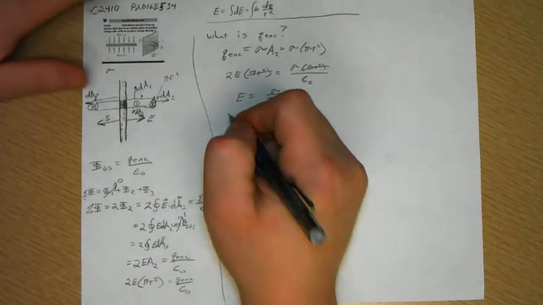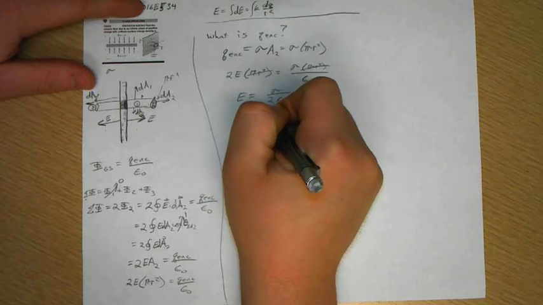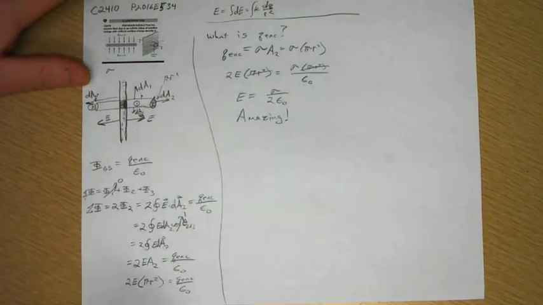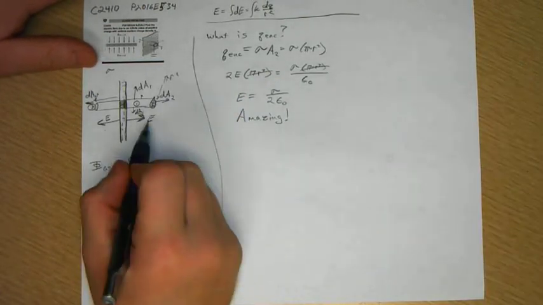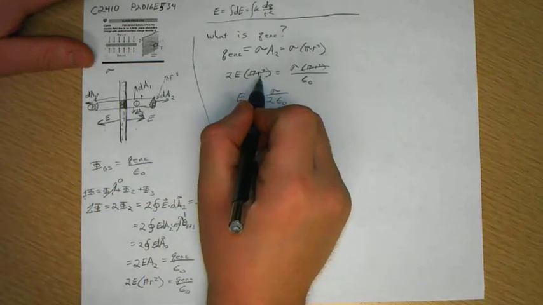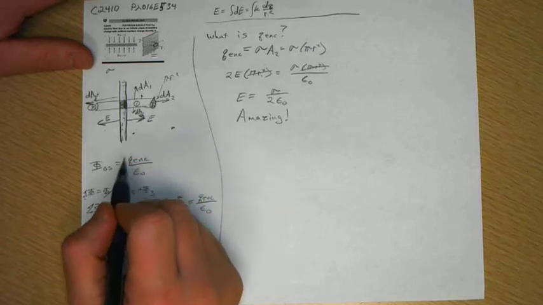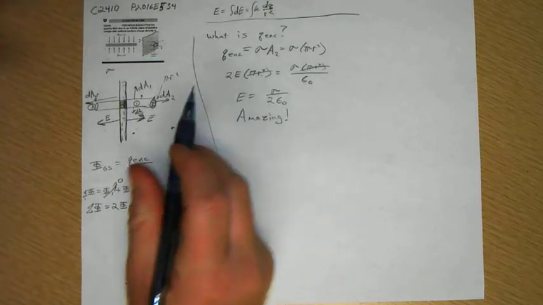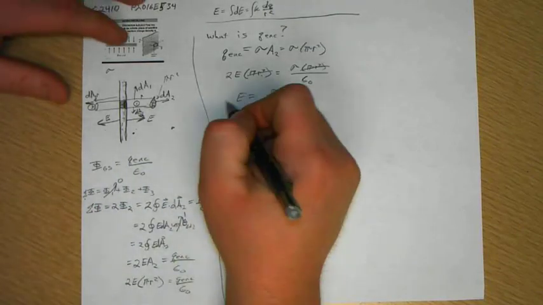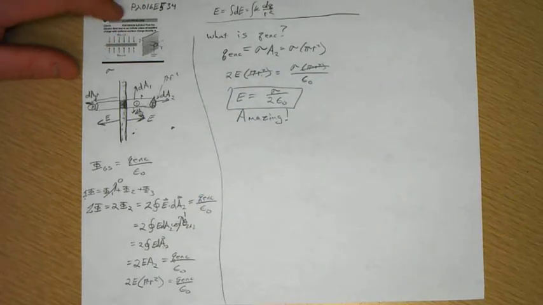So that is amazing. Why? Because it says no matter where you are, it does not depend on R. If you're over here or way out here, the electric field is the same. That is not very intuitive, but it's true.